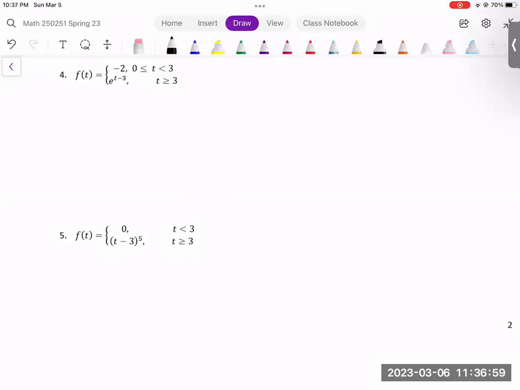Okay, so we're going to look at both styles. Style 1 is looking at the change in the functions. So here we have f of t.